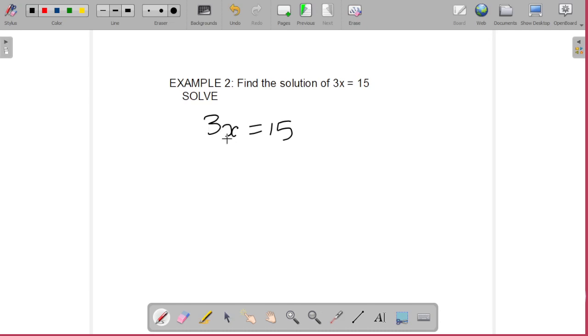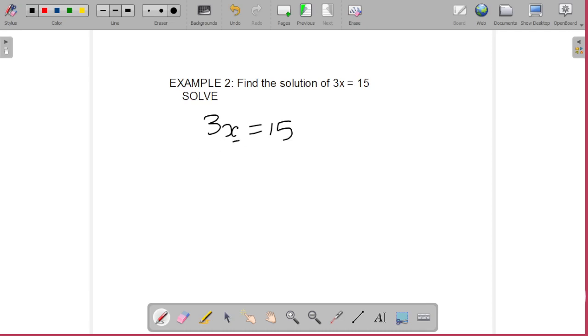But one important thing about simple equation is that whatever operation you perform on the left hand side must also be performed on the right hand side. So no operation is done independently. They all must be done at the same time. Whatever I do on this side, I do on this other side. So I'm going to divide both sides by 3.